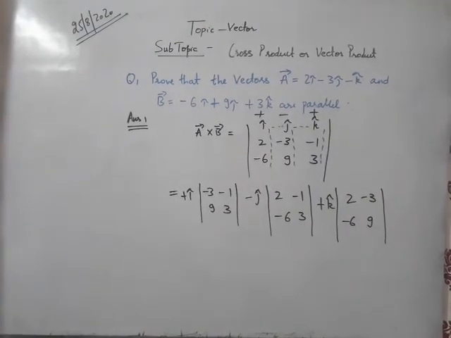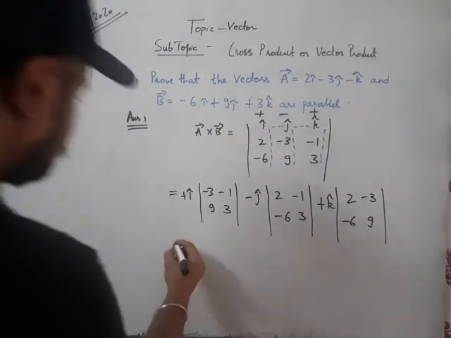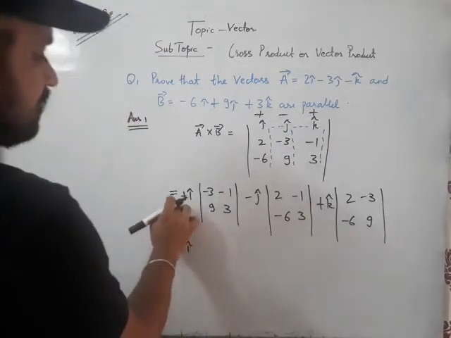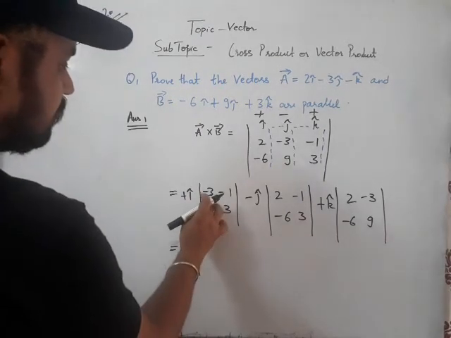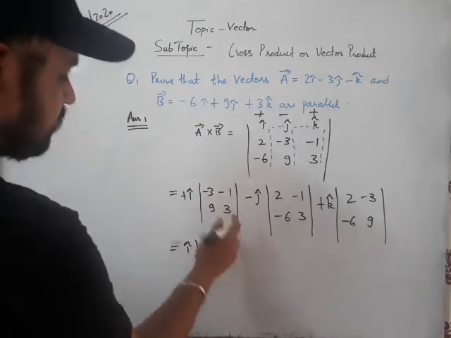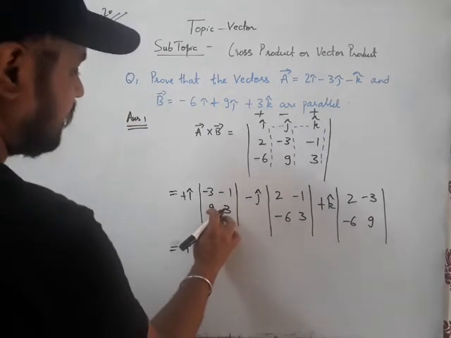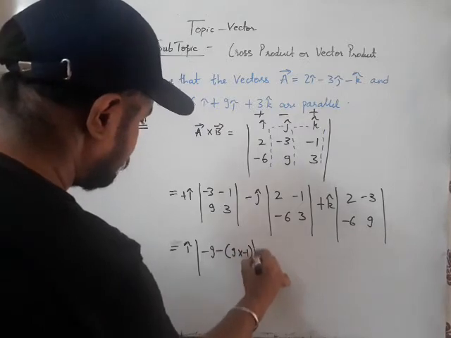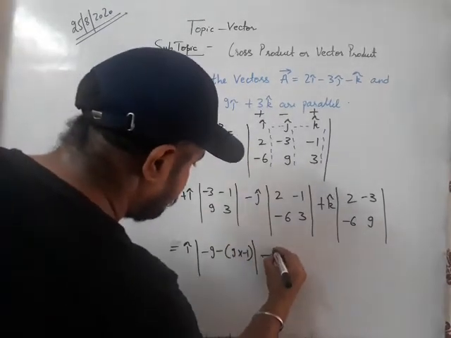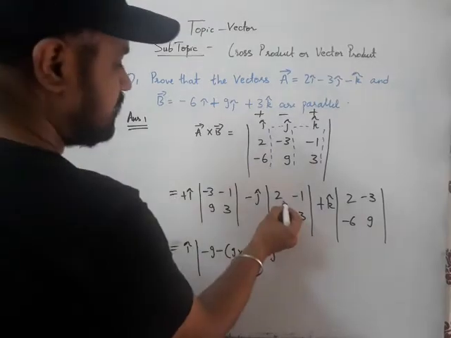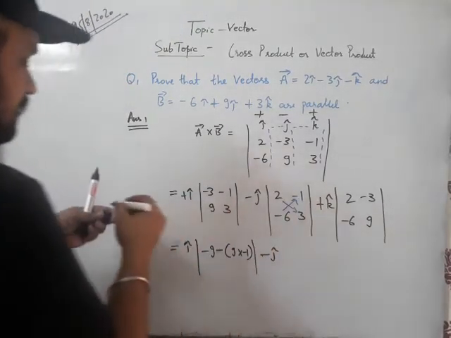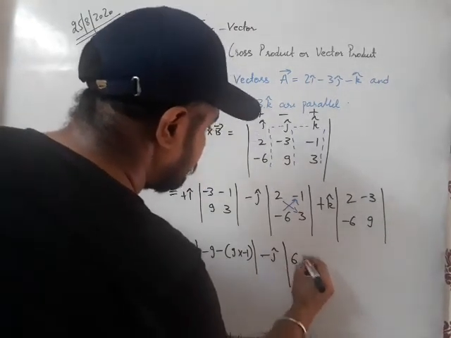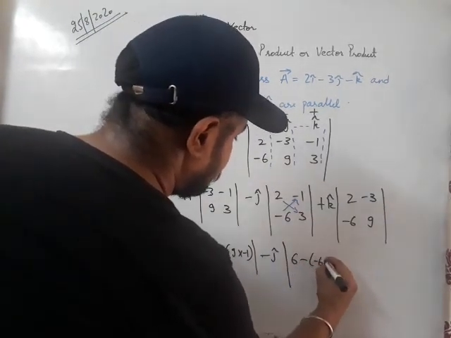We find out the cross product further. So it will be I cap with plus, so it hardly matters the sign now. 3 into minus 3 will be minus 9, and minus of 9 into minus 1. This will be covering the first bracket. J cap, this into this, minus this into this. So it will be equal to 2 into 3 is 6, minus of minus 6 into minus 1.